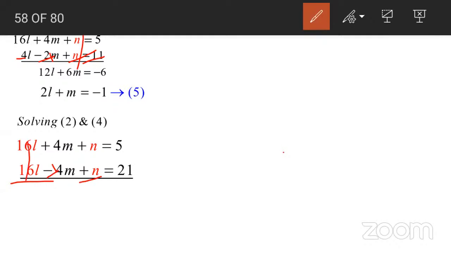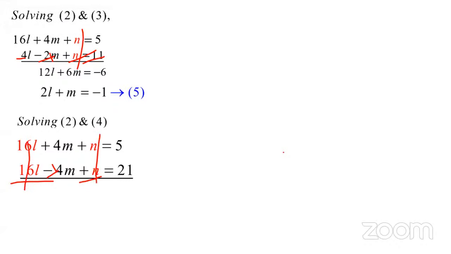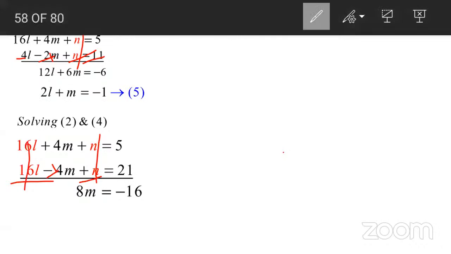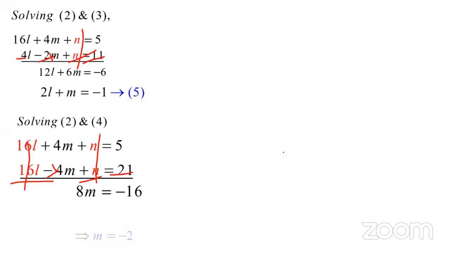You will get 8M equals 5 minus 21, that is minus 16. Then 8M equals minus 16, so M equals minus 2.